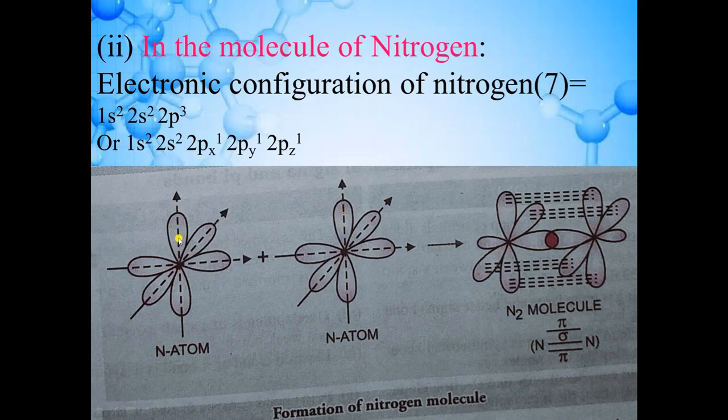So here this axis is same as this orbital, so there will be overlapping between these two orbitals. There cannot be overlapping between this orbital and this orbital or this orbital. Overlapping between orbitals will be there only if the axes are the same.